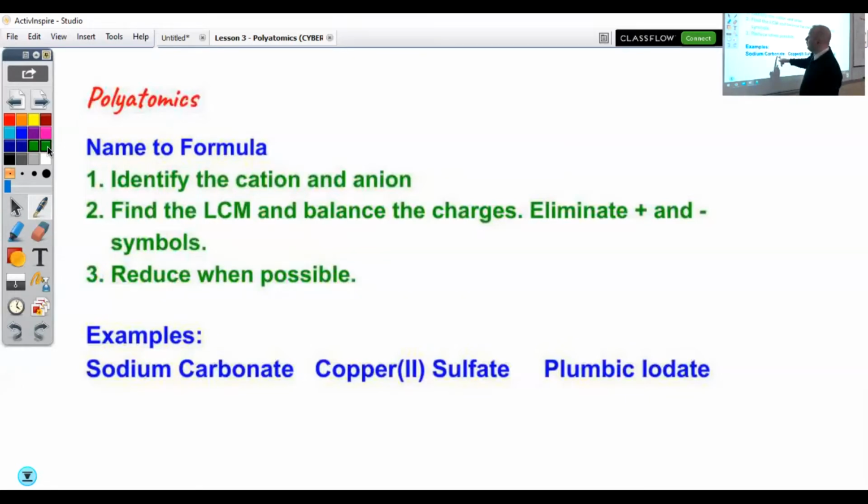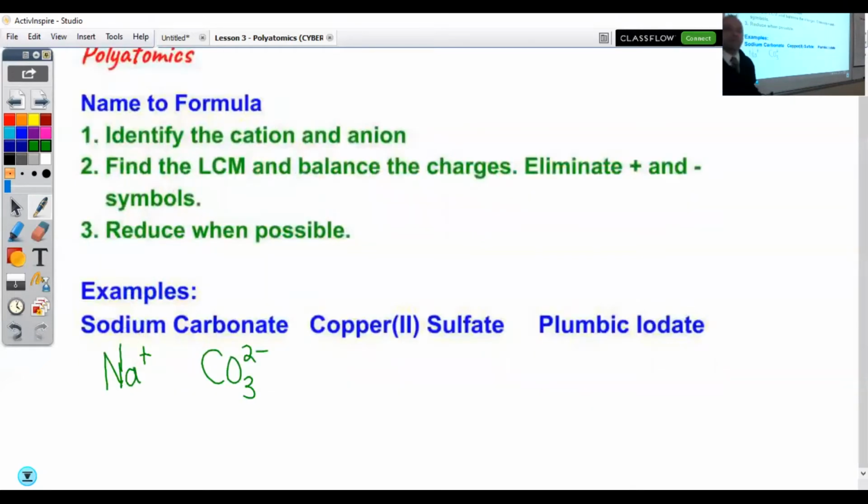We have sodium carbonate. Sodium is an element right off the periodic table. It's in group 1, so it's going to have a 1+ charge. Carbonate is our polyatomic ion. If we check the list of polyatomic ions and find carbonate, we'll learn that carbonate is CO3 with a 2-. What we're going to do here is just like what we've done in the past.